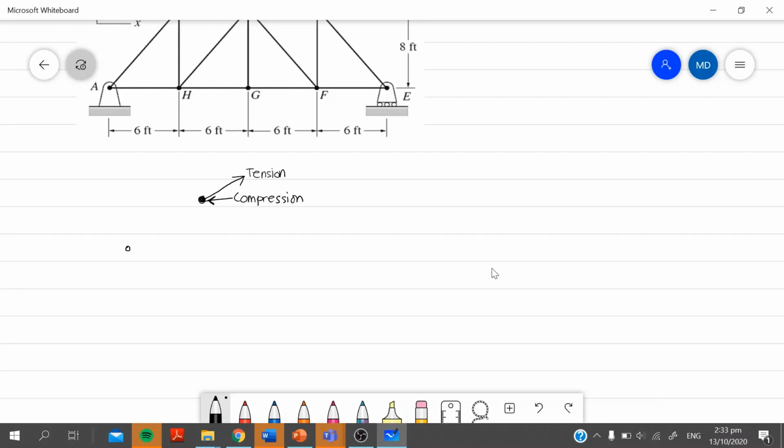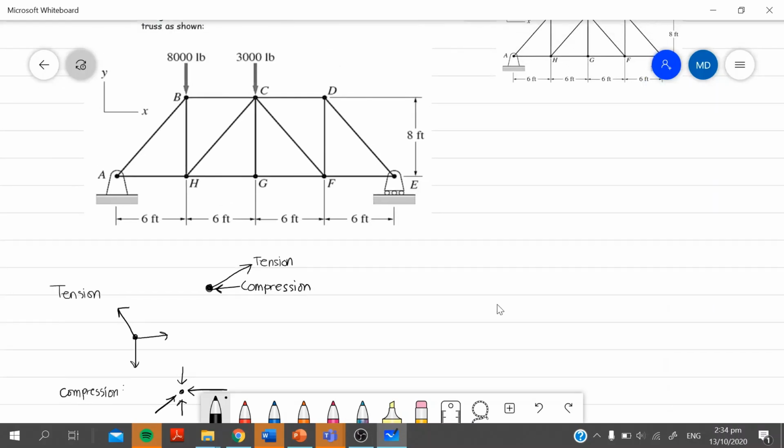So, this one is tension, this one is tension, this one is tension. For compression, going to the joint. Compression. Okay, basta anything going towards the joint, compression ang force. Pag going away from the joint, tension. Okay, so always remember that one.